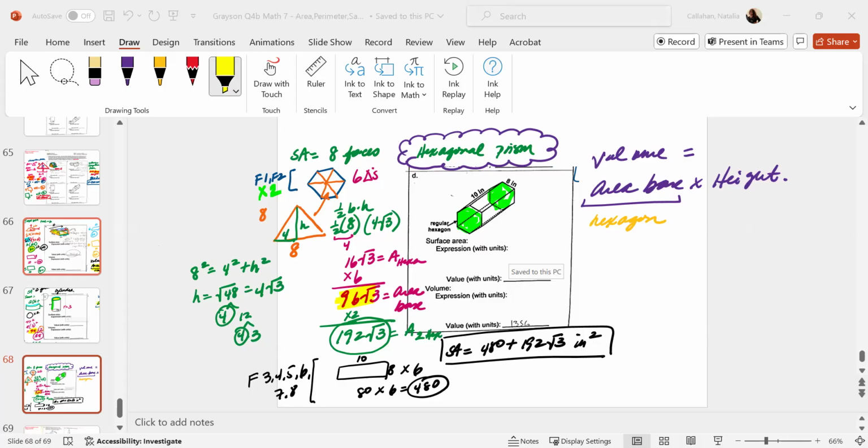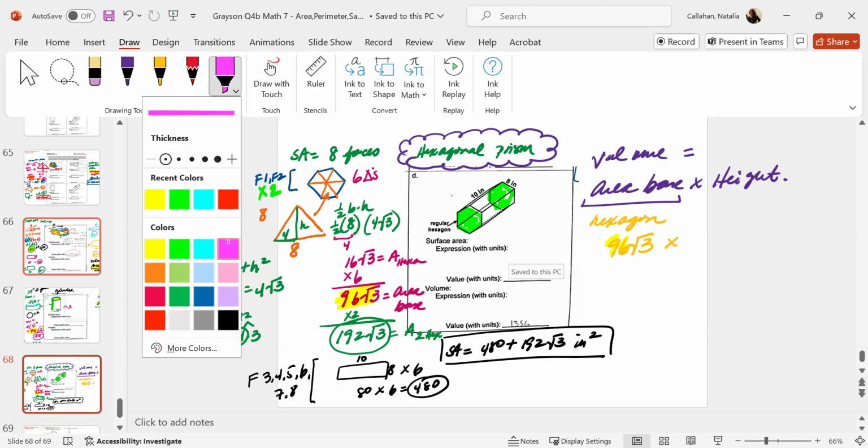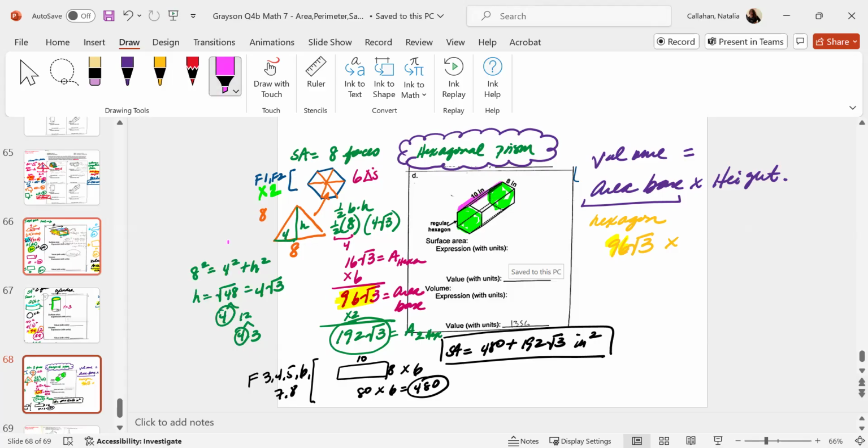Times, what's the height? The height is 10 inches. You gotta make sure you don't mess someone up, okay? So then 96 times 10 is 960 square root 3. This is the volume, in inches cubed.